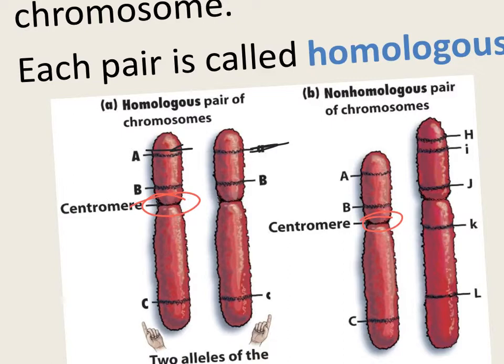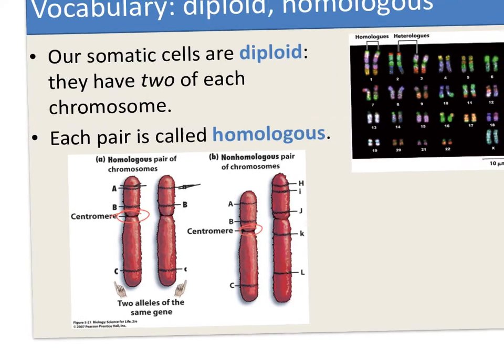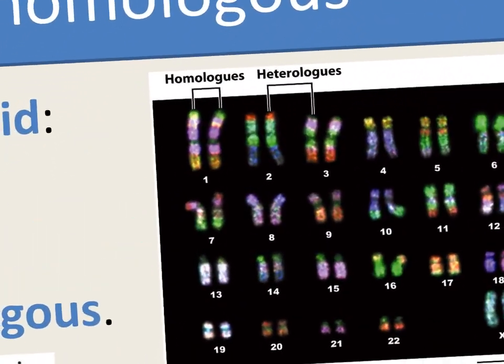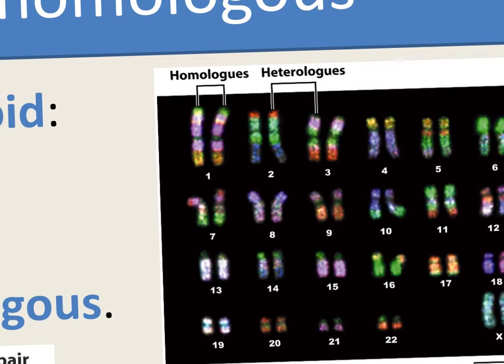What we're concerned about are homologous chromosomes, homologs, one from mom, one from pop, but with some crossing over going on, so there's been exchange. A chromosome from 2 and a chromosome from 3 are called heterologs, different.